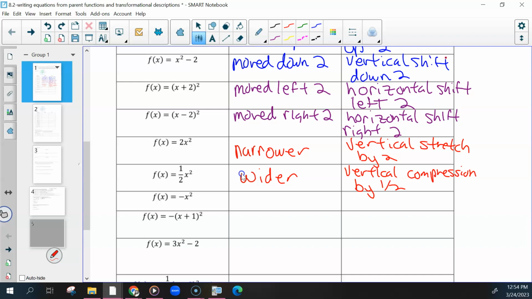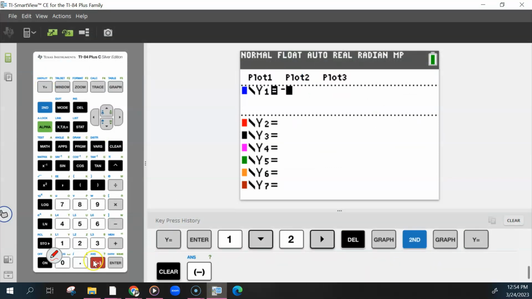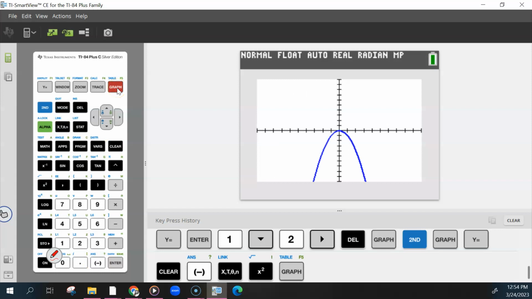Okay, and then go ahead and put the next one in. What happened with that one? Yeah, it flipped upside down.